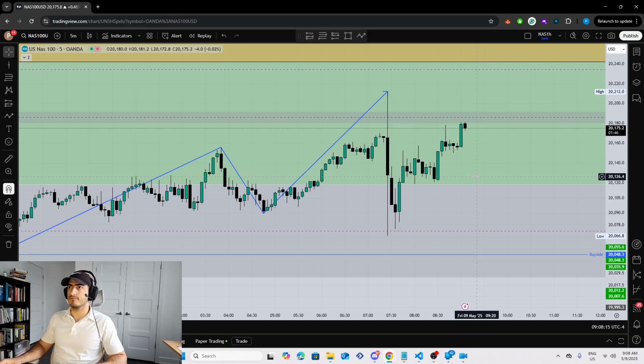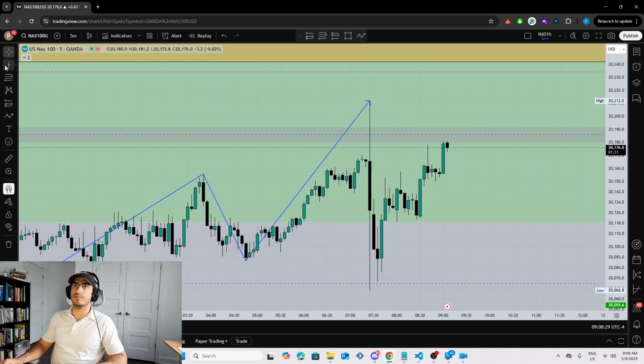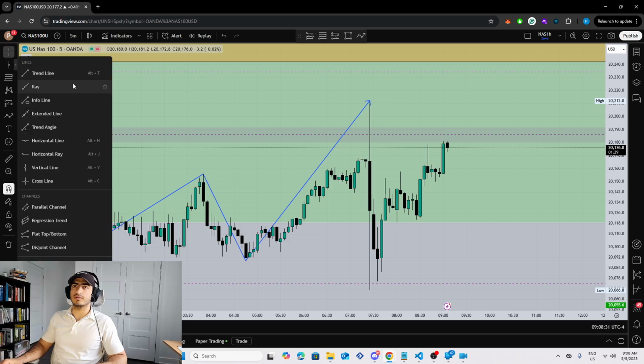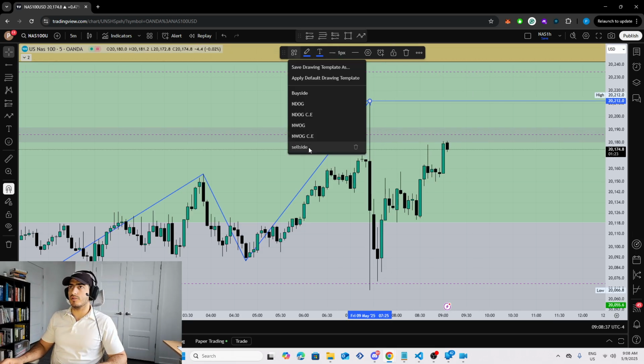All right. So we had also the high created over here. It moved back into this fair value gap and moved higher. So we're technically still within this leg. Break above this, let's see. A break above this, and we break and close above this, we're bullish.